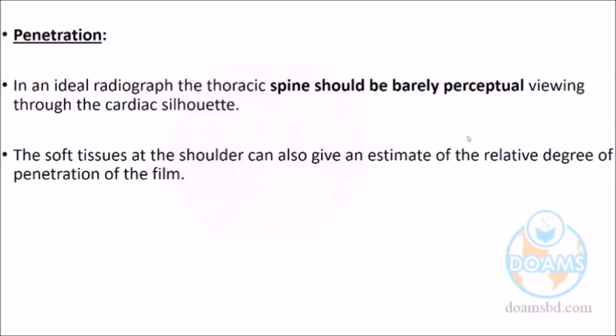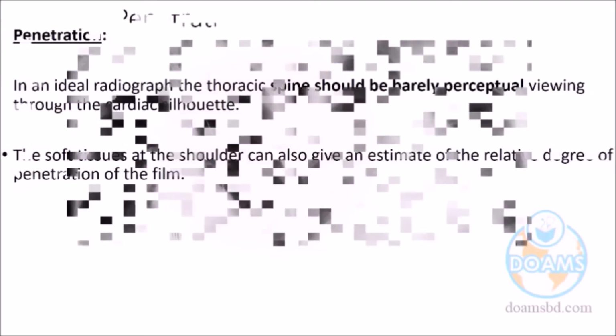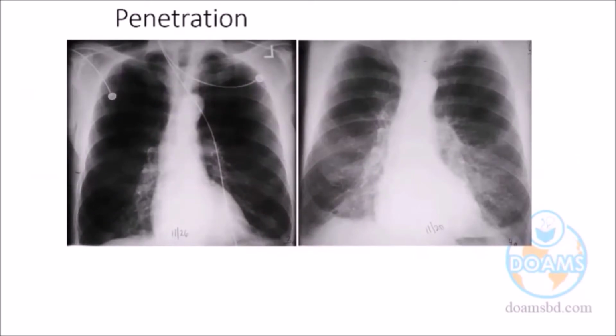Now come to the point of penetration. The spine should be barely perceptible. That means it is difficult, but not impossible, to see the spine through the heart. Just look at two X-rays. This is the right X-ray, this is the left X-ray. That means on the screen, this is right, as I mentioned. The cursor is what I am moving over.